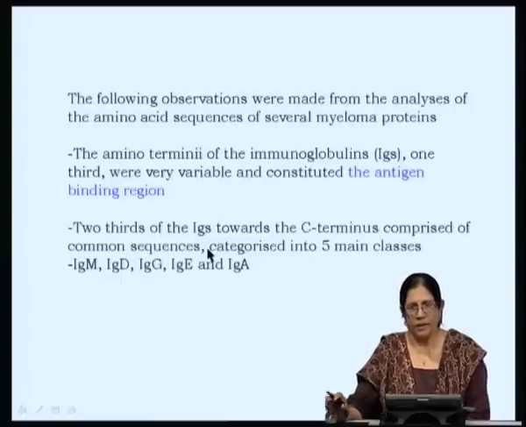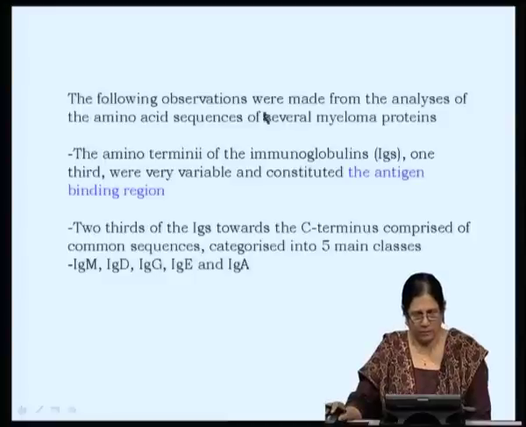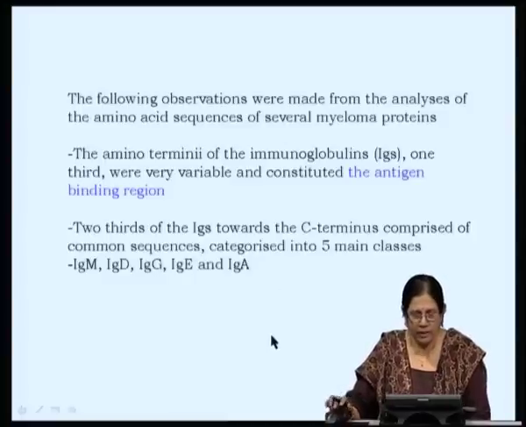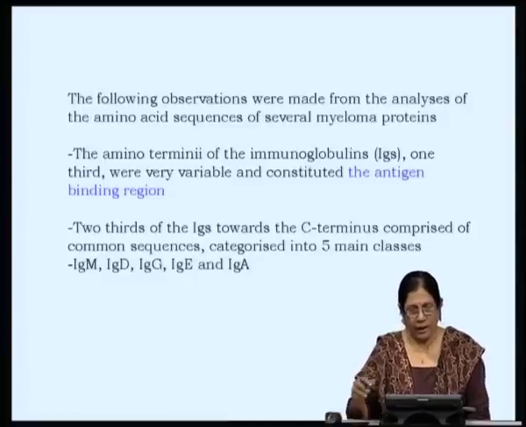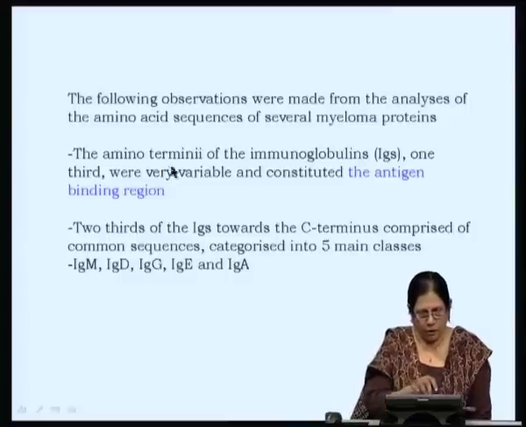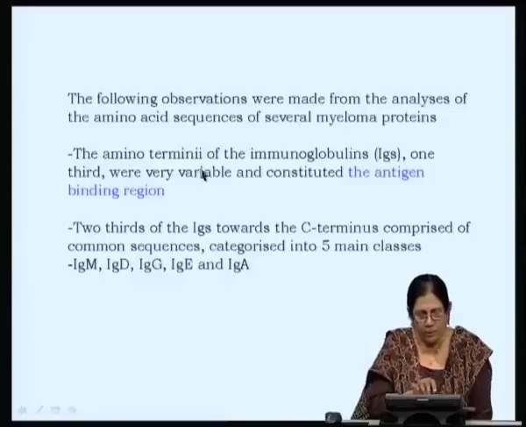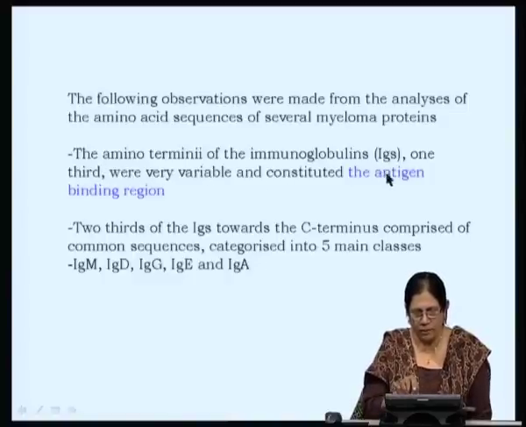Now, soon after that came to be known, almost every myeloma protein that could be identified was sequenced. The amino acid sequences were analyzed, and the following observations were made: the amino termini of the immunoglobulins, about one third, were very variable.